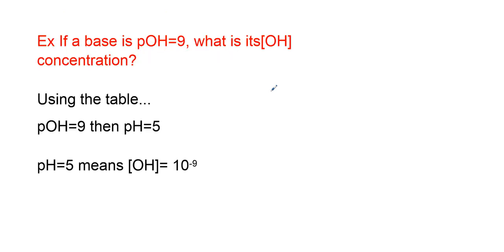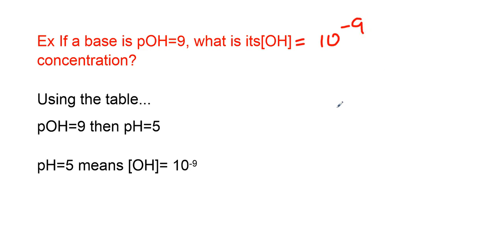All right? How about this one? If a base has pOH equals 9, so the concentration of hydroxide is 10 to the negative 9, what is the molarity of hydroxide? Wow, this is just too easy, right? Let's try it. 9. So what must be the concentration of hydroxide? 10 to the negative 9.